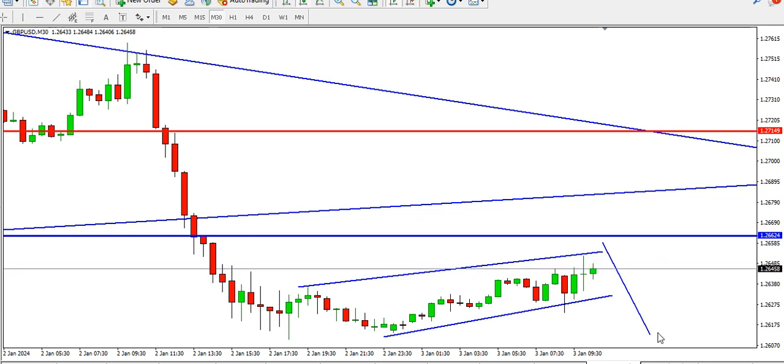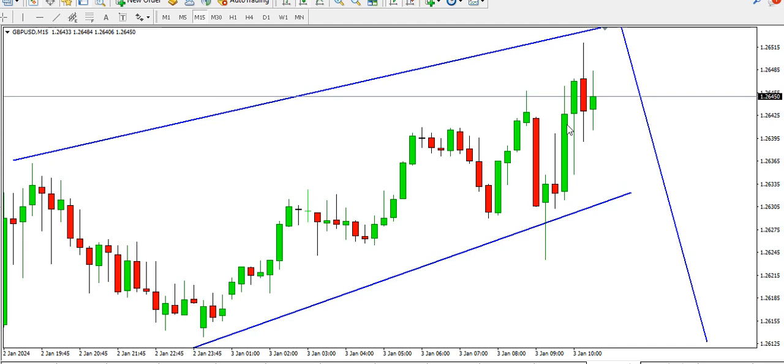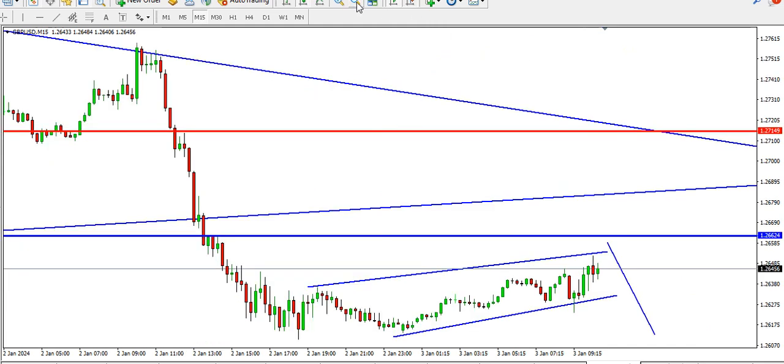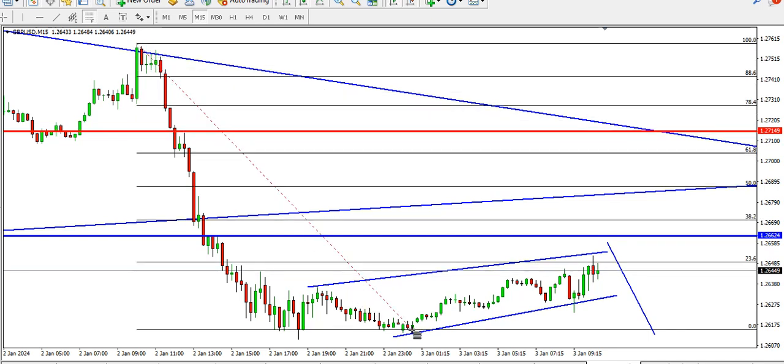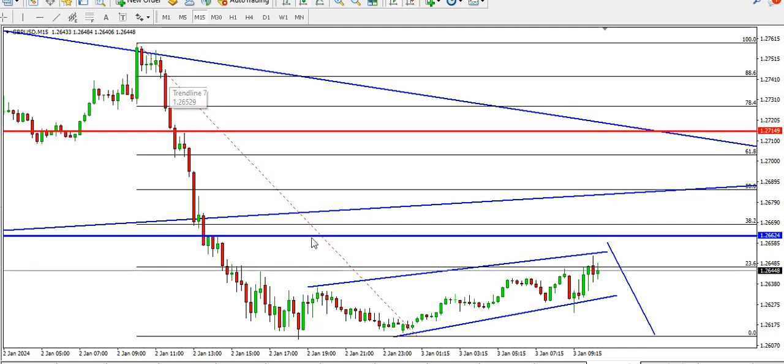The impulse will continue. On the 15 minutes time frame, what we are currently experiencing is a retracement where buyers are trying to cover for the movement around here. So on the 15 minutes time frame, it's obvious that the trend is bearish, and the retracement of this price movement has gotten to the 23.6% Fibonacci retracement level.